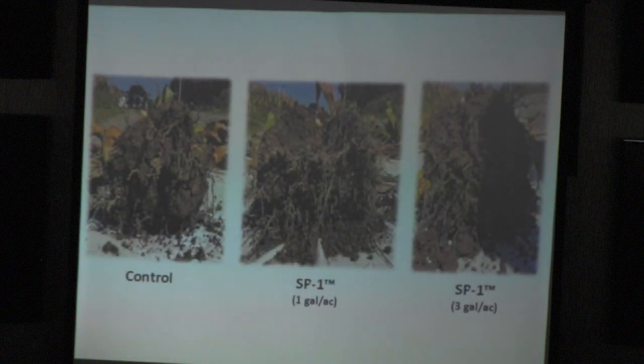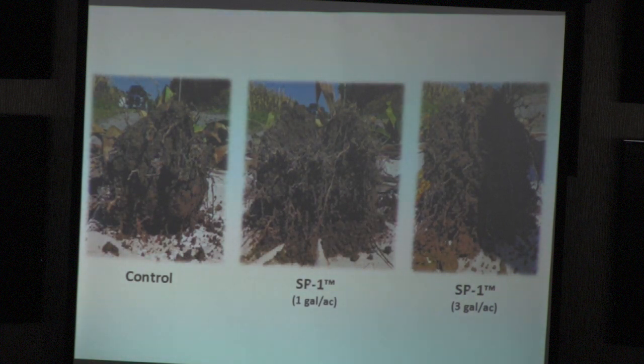And here's an example of the control group of, I'm guessing, a corn plant stalk root system. This is the control, so nothing, just water. Very clumpy, as you can see. The roots are very big. They're trying really hard to get through. And then here we have SP1 at 1 gallon.